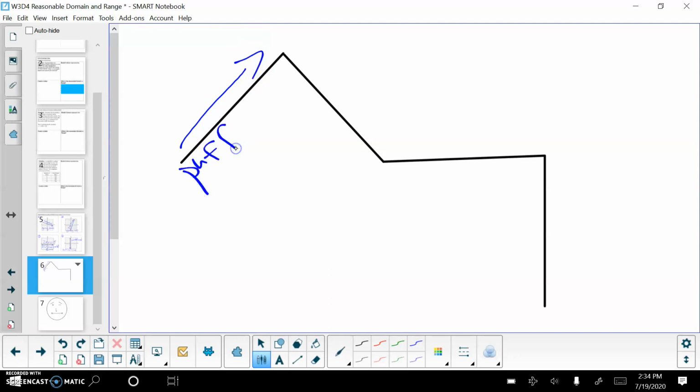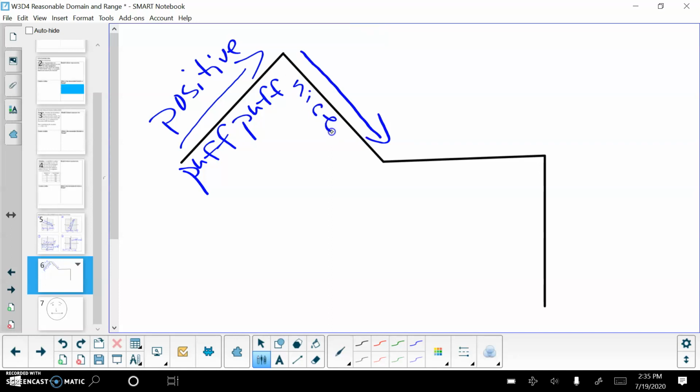So he's going huff puff because he's going up from left to right, and that is a positive slope. So he says puff puff positive. Once he gets his ski or the pole that he dropped, now he gets to start going back down and skiing down, and that's very nice and fast and easy for him. So he says, oh, nice, because that is a negative slope and it's very easy for him to ski down it.